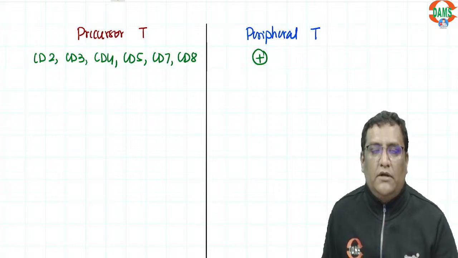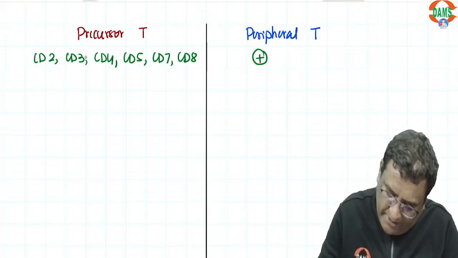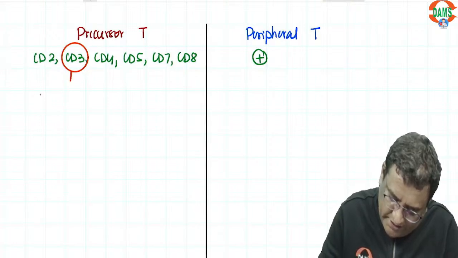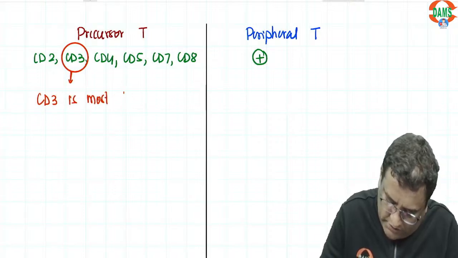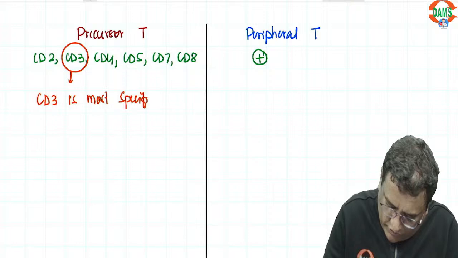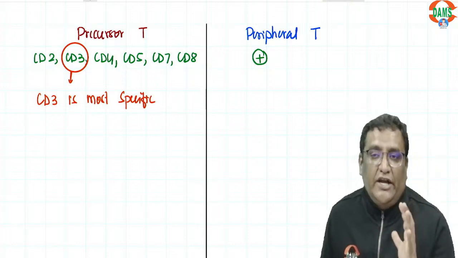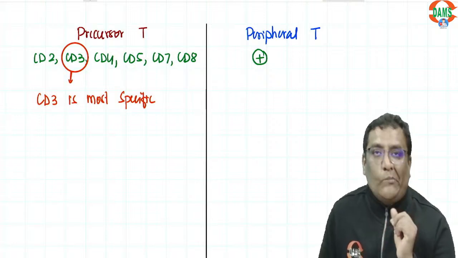Although we have written so many markers, for me CD3 is important. CD3 is the most specific marker for T cell lineage. So for all practical purposes, I need to remember only CD3.